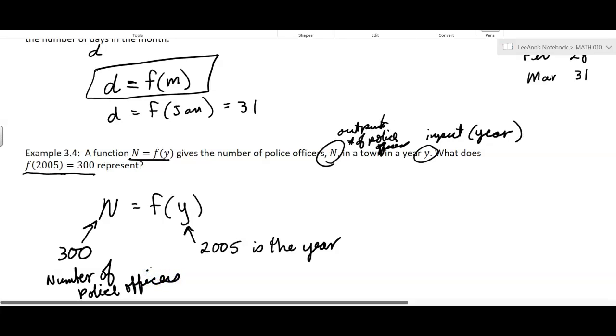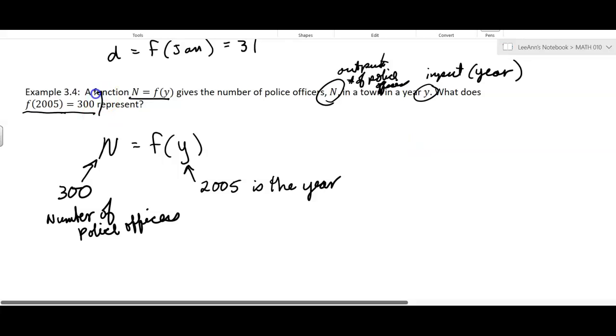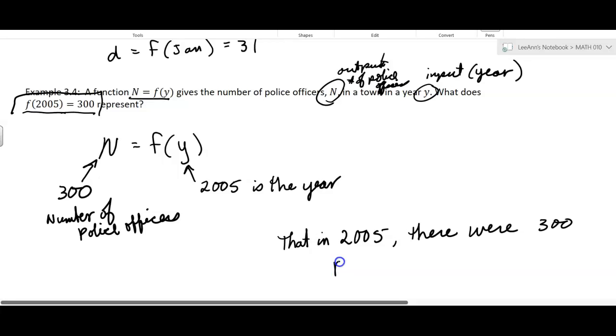So I guess to put it in a nice sentence, you could say that this equation we have means that in 2005, there were 300 police officers in some town. They don't tell us what town. Okay, but that's how we're interpreting it. They give us the year, and then the output was the number of police officers.